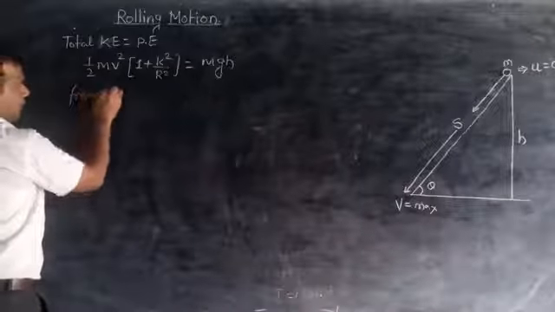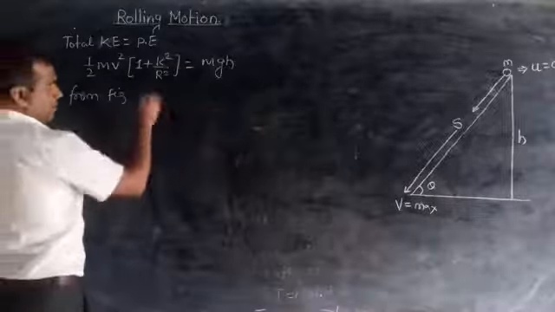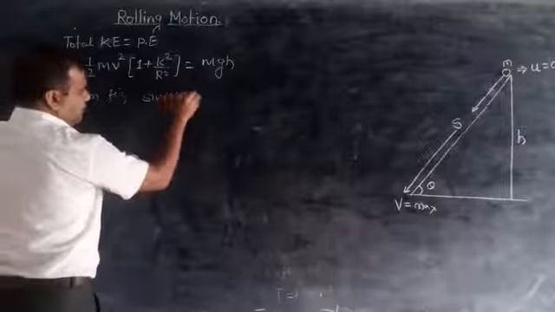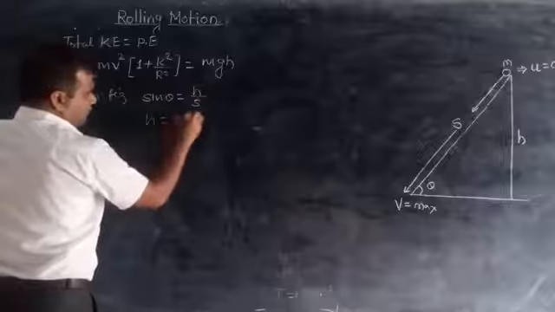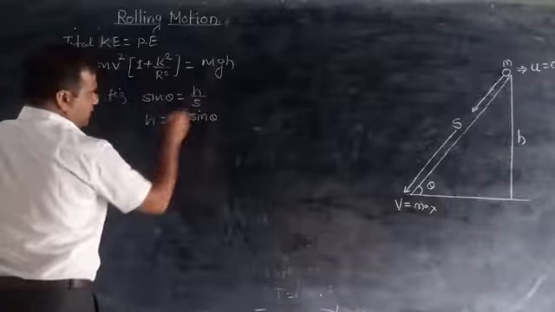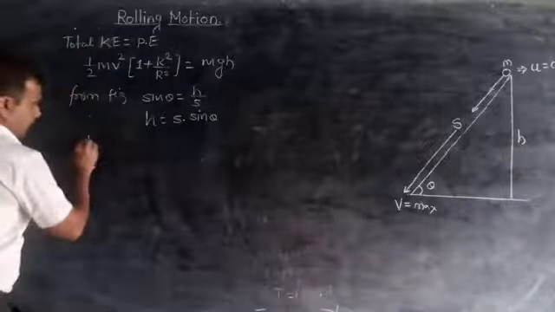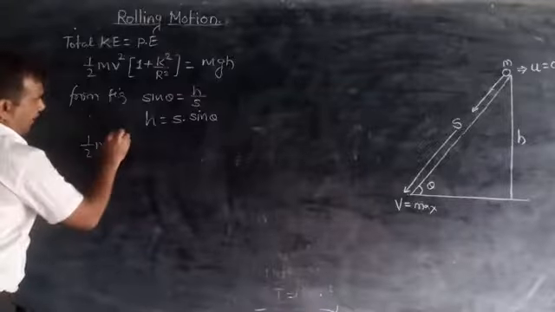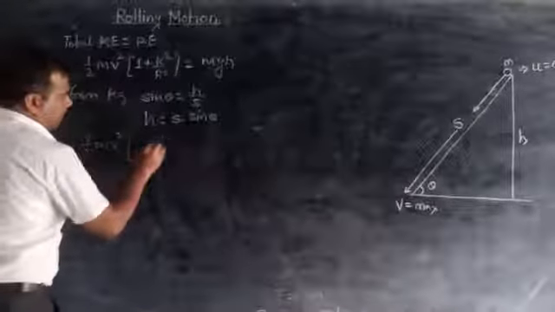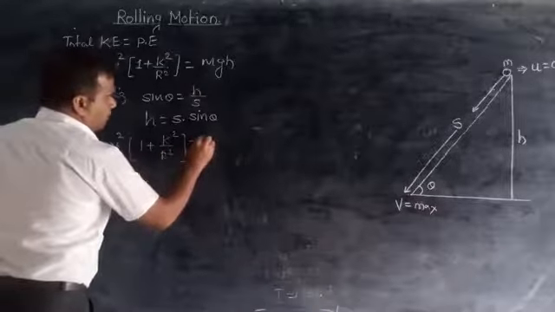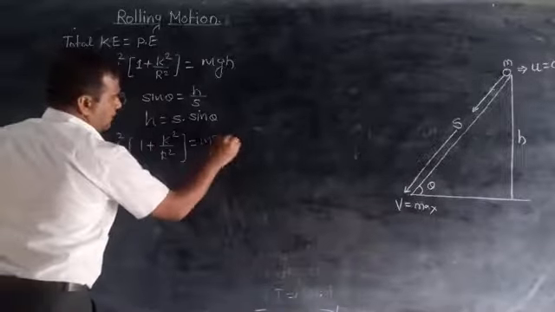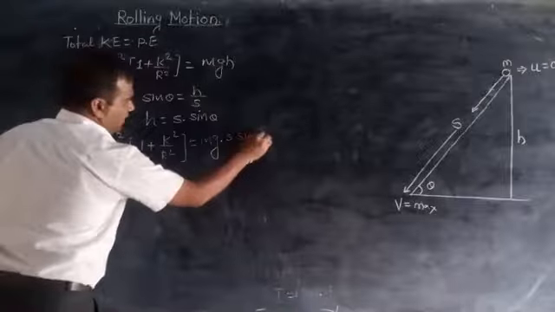Now, from the figure, sin theta is equal to h upon s. Therefore, h is equal to s into sin theta, where s is distance. This can be written as half mv square in bracket 1 plus k square upon r square is equal to mg into s sin theta.